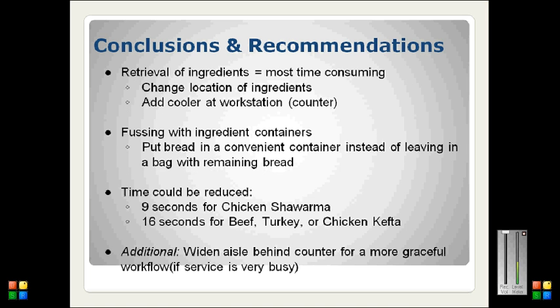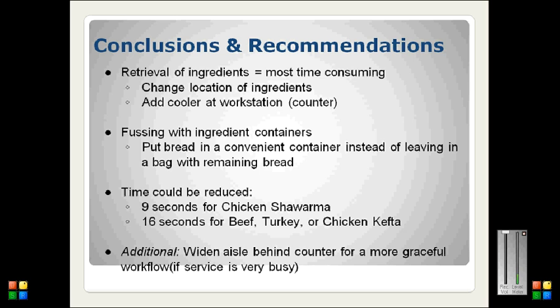So to wrap things up, our conclusions and recommendations for the deli are that the main finding was that the retrieval of the ingredients was the most time consuming, and we can cut that down in terms of time and motion by changing the location of the ingredients and adding a cooler to the workstation, which lies on the same side of the sandwich making station rather than across the aisle in that case that Holly highlighted in the layout a couple slides back.